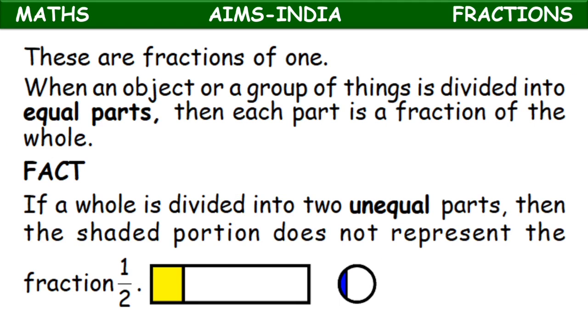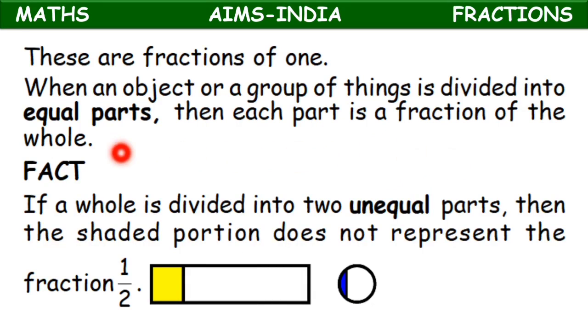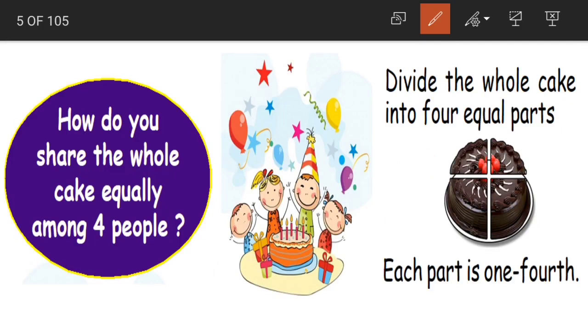Wait a minute children. When an object or a group of things, what is the object here? Cake. The object is divided into equal parts. Yes or no? We divided it equally. Then each part is a fraction of the whole. Now this is called the whole cake, and each divided part is called our fraction.